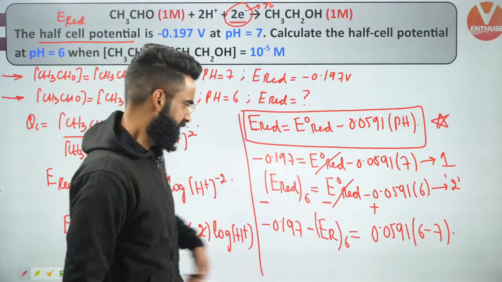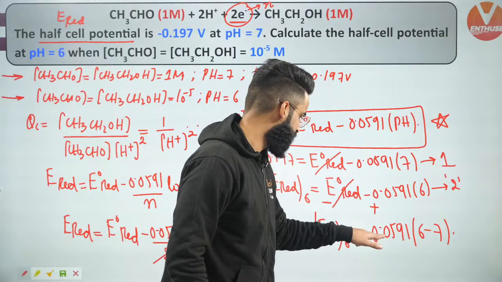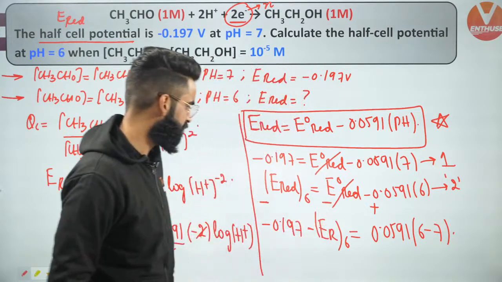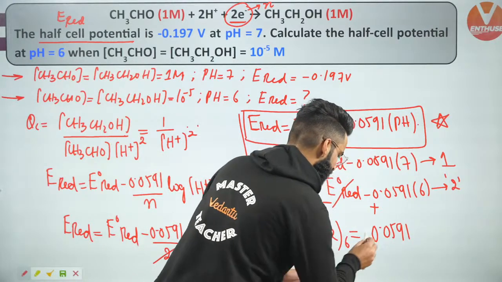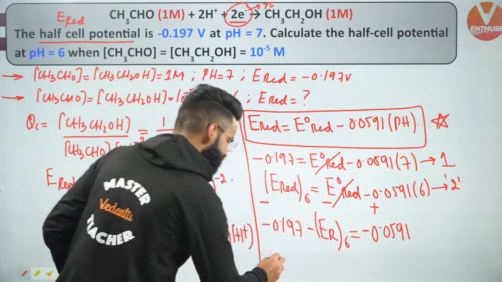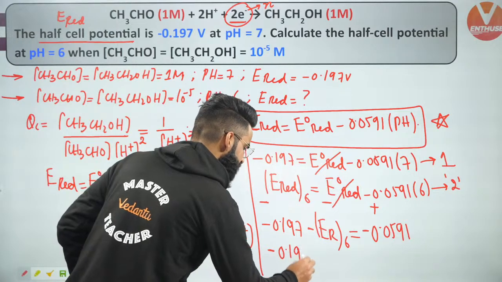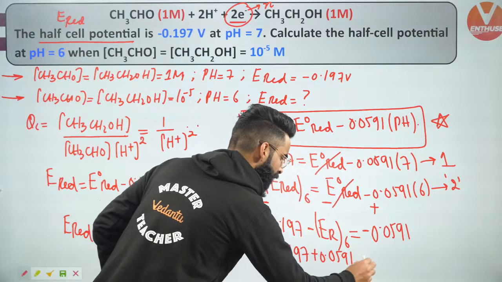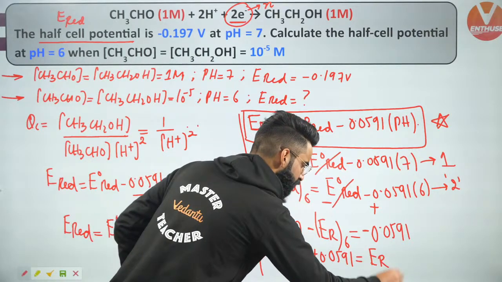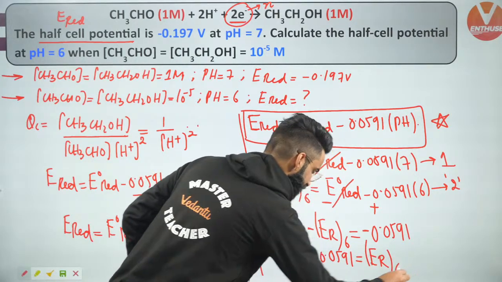Yes. 6 minus 7 is minus 1, so it's going to be minus 0.0591. So I'll be getting minus 0.197 plus 0.0591 as the value of the reduction potential of the same electrode when its pH is kept as 6.